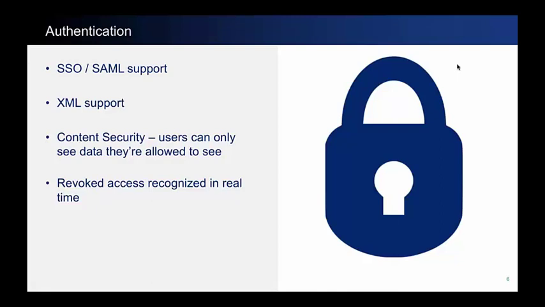So we support SAML, SSO, XML, and you're able to very quickly configure that and have your end users logging in with their username and password and get those credentials with the data as well, so they can only see data that they're allowed to see in the search application. I'll show you how we can log in with my account.